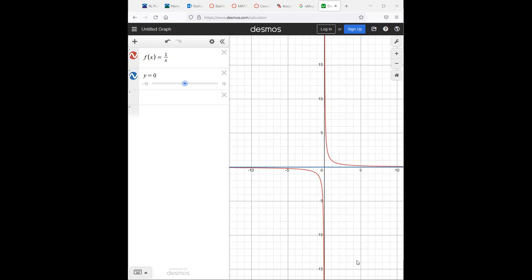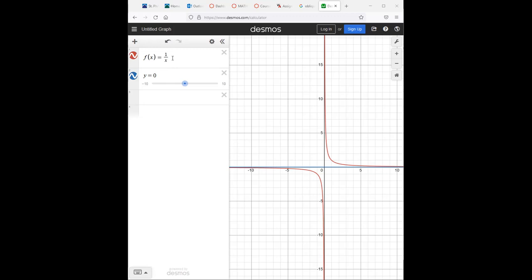All right, for vertical. So what degree would this graph be? For this example, the bottom would be degree 1. The top is degree 0. So since the bottom is bigger, you have a horizontal at y equal to 0, and then verticals are created by whatever makes the bottom 0.